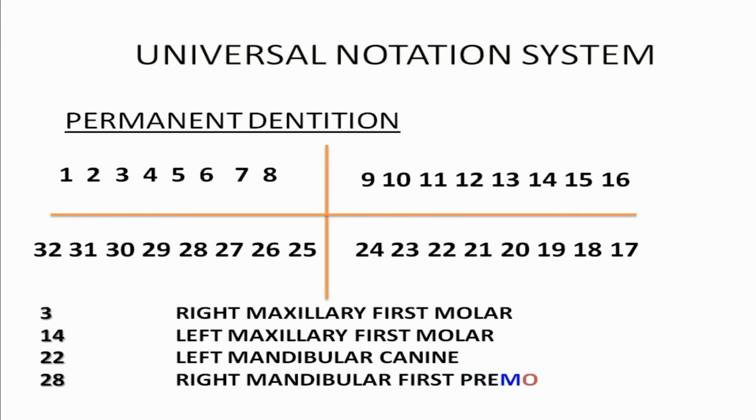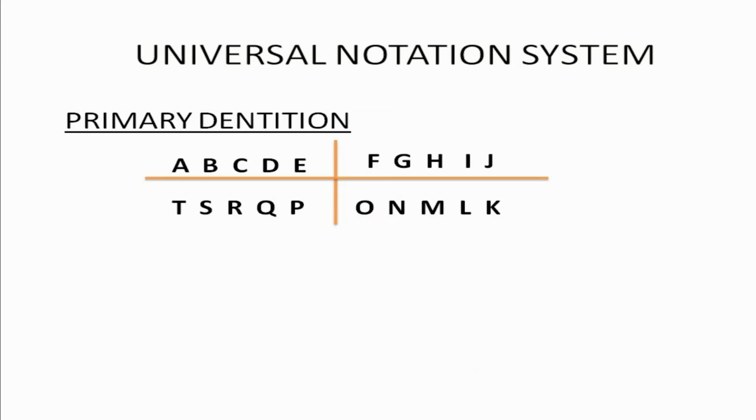In the universal system for deciduous dentition, we have the same 4 quadrants. Instead of numerical numbers, we are using alphabets. A to E denotes the first quadrant, F to J denotes the second quadrant, K to O denotes the third quadrant, and P to T denotes the last and final quadrant.